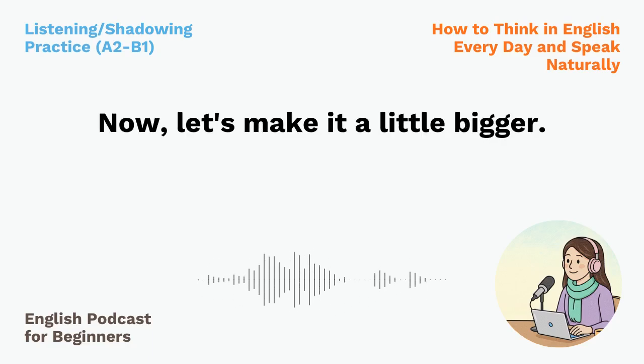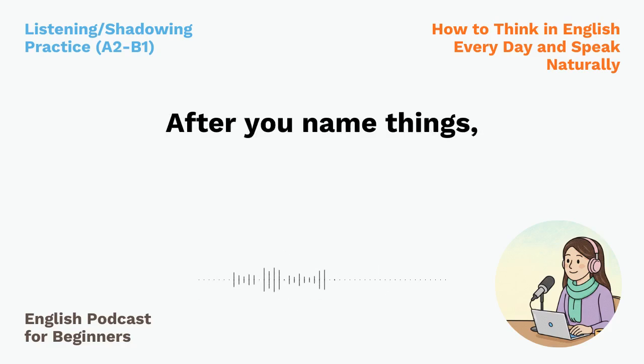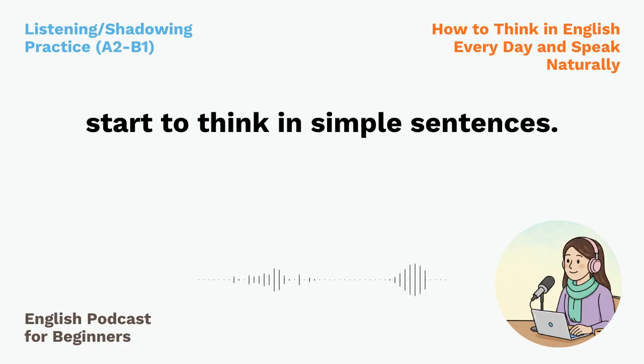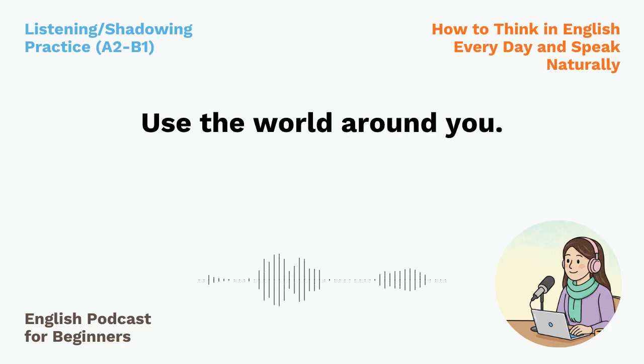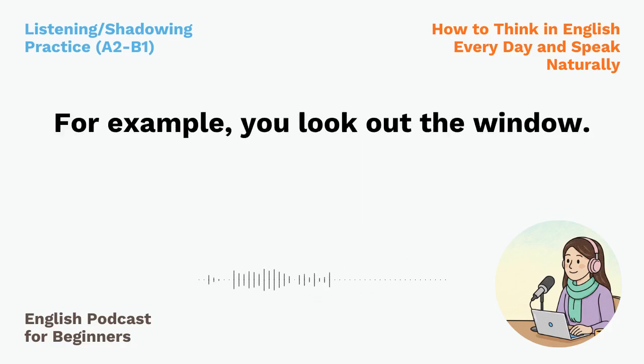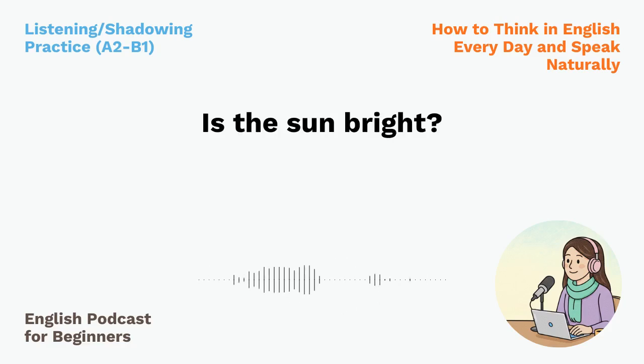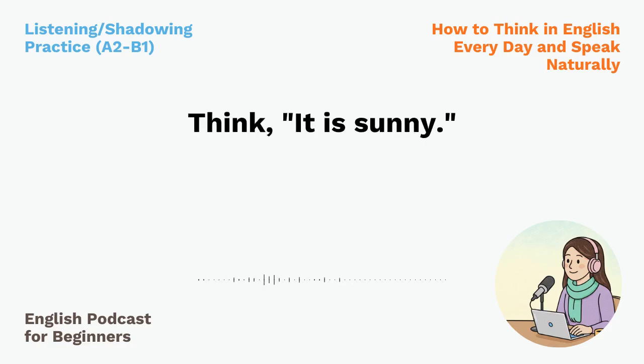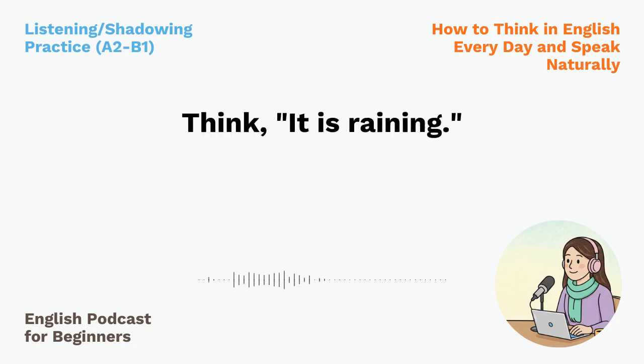Now, let's make it a little bigger. After you name things, start to think in simple sentences. Use the world around you. For example, you look out the window. Is the sun bright? Think, it is sunny. Is it raining? Think, it is raining.